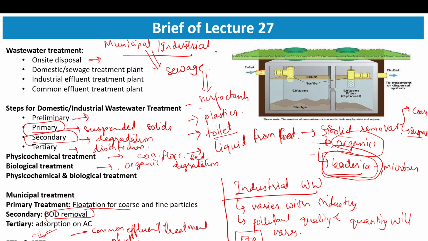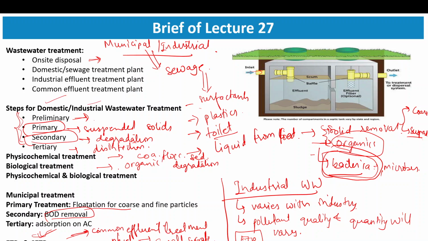A common effluent treatment plant is used mainly for industries operating at a very small scale that are not able to treat their own wastewater. The common effluent treatment plant will have common treatment technologies, like all these preliminary, primary, secondary, and tertiary treatments used for domestic and industrial wastewater.